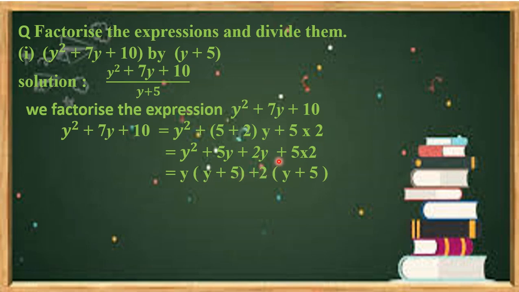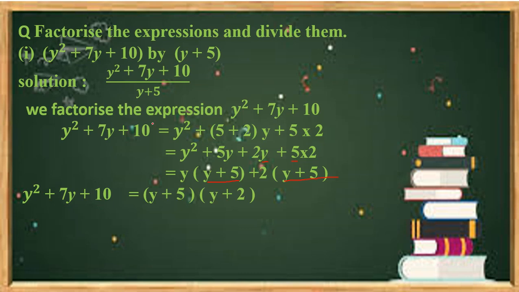From the third and fourth term we take 2 common, and the rest inside is y and 5, so y plus 5. Here y plus 5 is common in both, so we take y plus 5 common. The rest of the quantity inside the bracket is y plus 2. So y plus 5 and y plus 2 is the factorization of y square plus 7y plus 10.